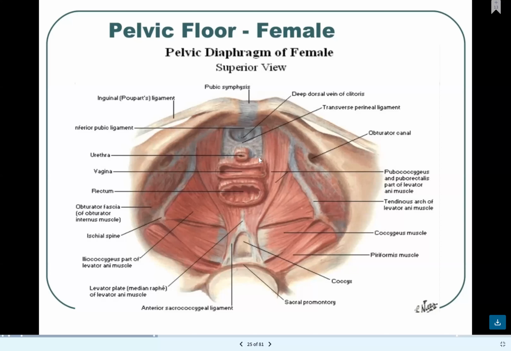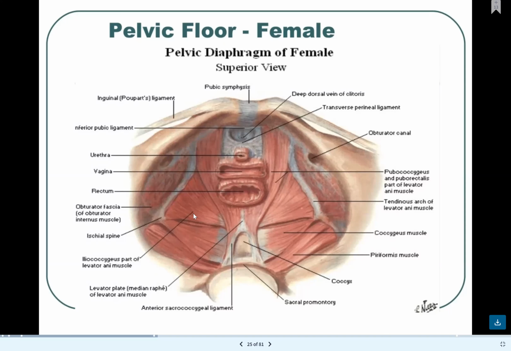Now, when we look at this, you can see the angle here. So it tells you this is more of a female, okay? And you can see the oval shape. You can see the rectum and then the vagina over here. And then this is the urethra. And then we can also have the dorsal vein of the clitoris. That is why the clitoris plays the same function as the penis in the female reproductive system.